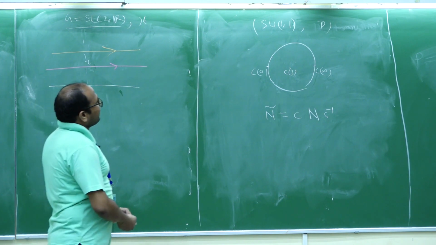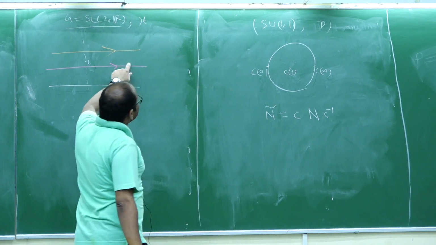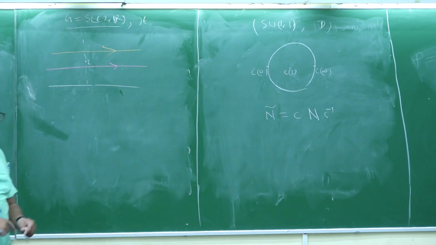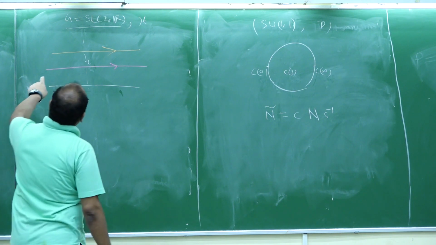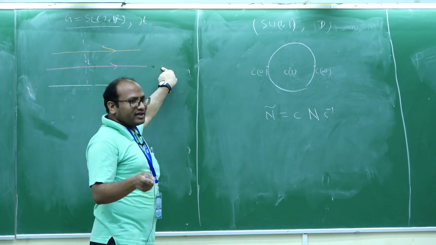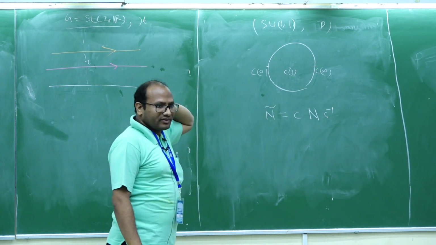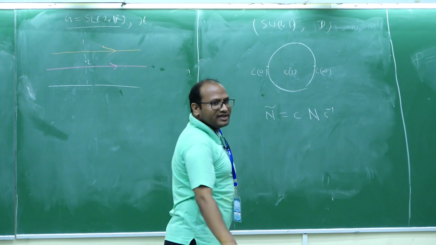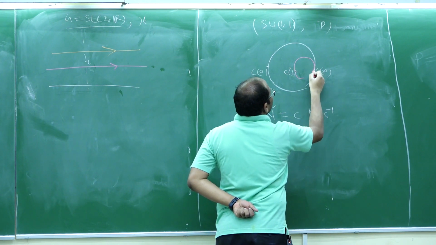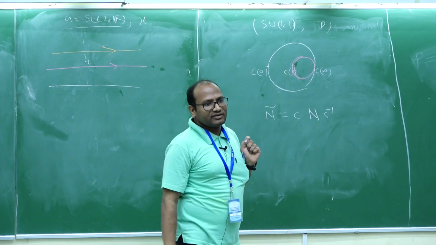And the Cayley transform is a Möbius map, so that takes circle to circle. This line is a circle that passes through infinity, so in that picture it will be a circle that passes through C of infinity, inside the unit disc, and it touches the point C. That is clear.